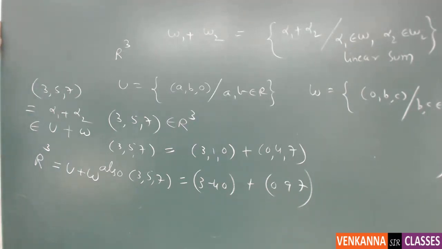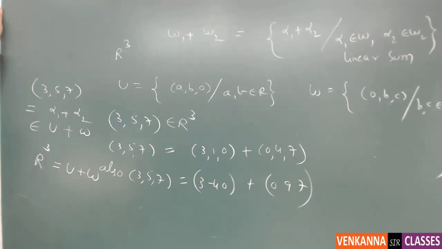So not only the xy plane and yz plane, you can take other possible cases also. You can write R cube as a sum of other planes also. It is also possible. So what I am saying is, you are just partitioning the vector space.